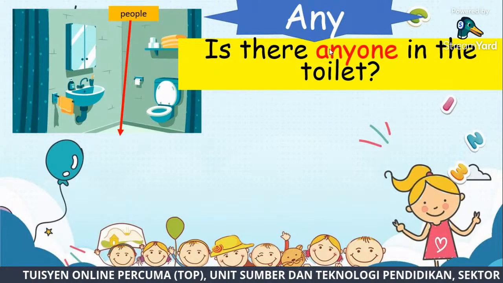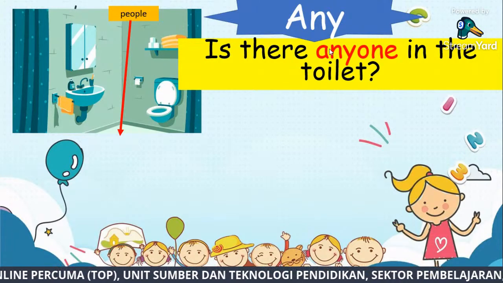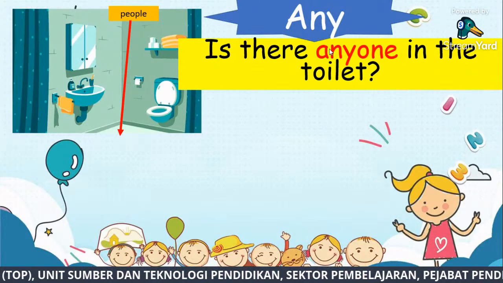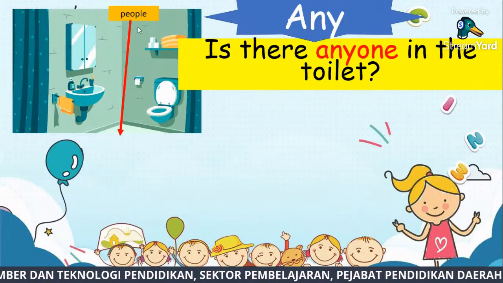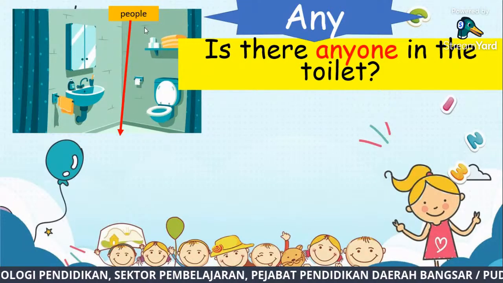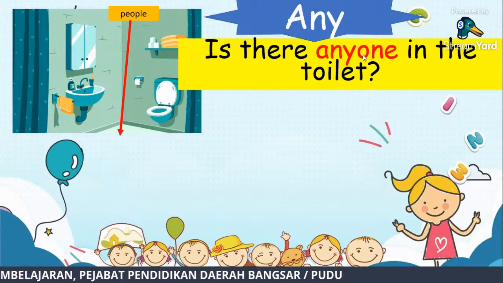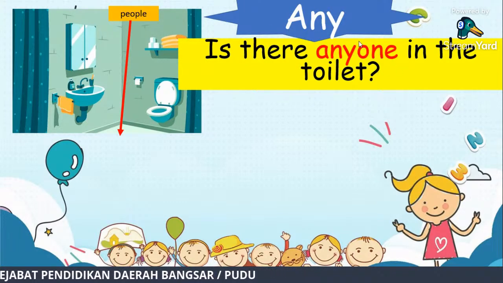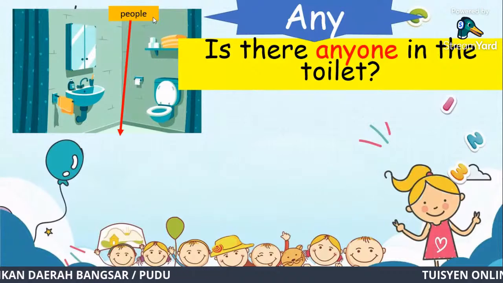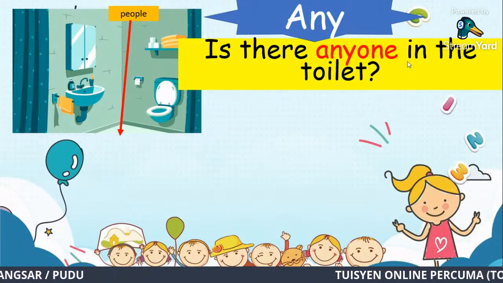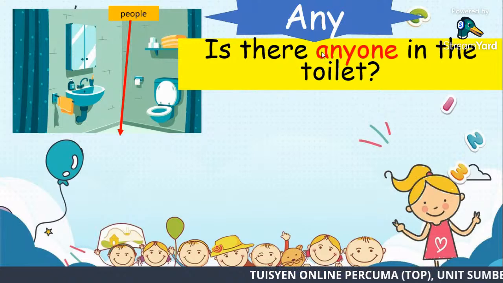If it's a question, is there anyone in the toilet? So when you want to ask if there are any people inside the toilet, you will use anyone, because this one is referring to people, right? So, is there anyone in the toilet?